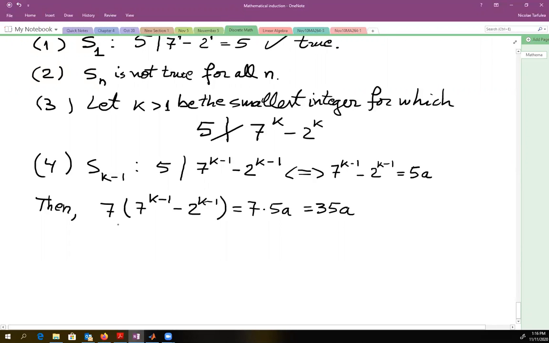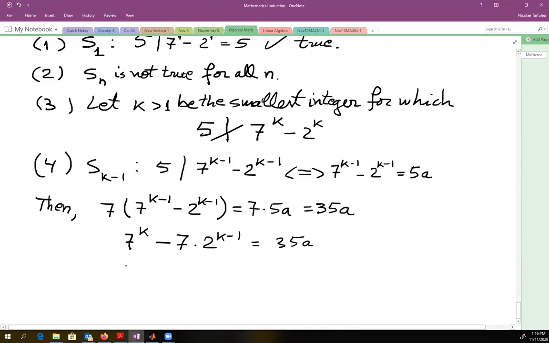Okay, but on the left-hand side, you have 7 to the k. And now I can decompose. Okay, let me write one more line. 7 multiplied by 2 to the k minus 1. And this has to be equal to 35a.